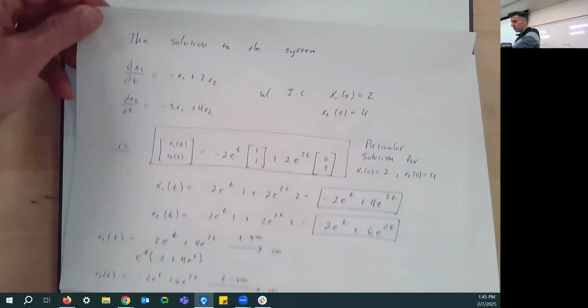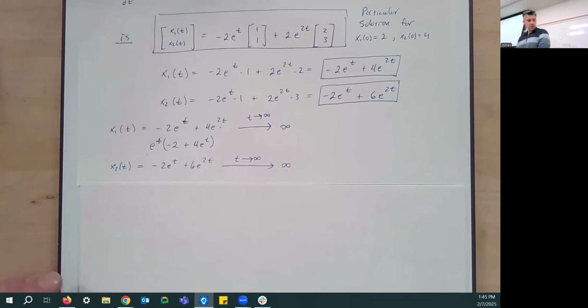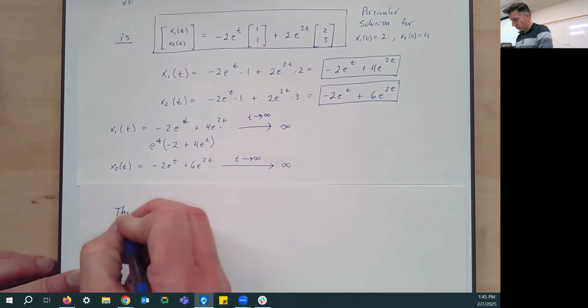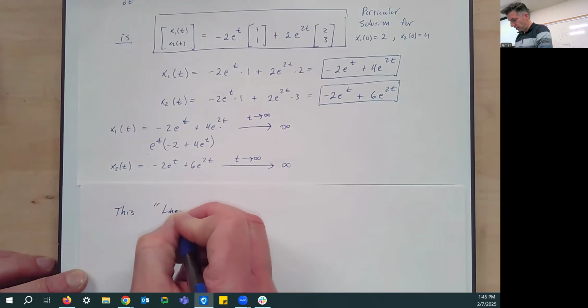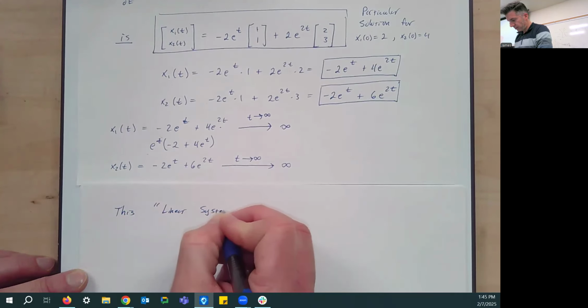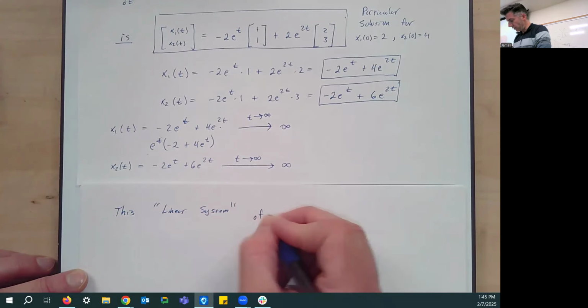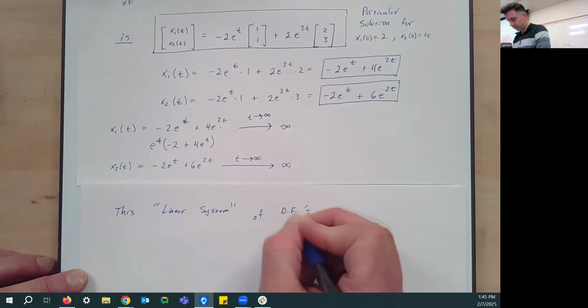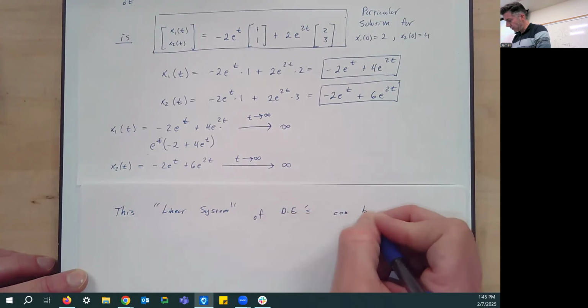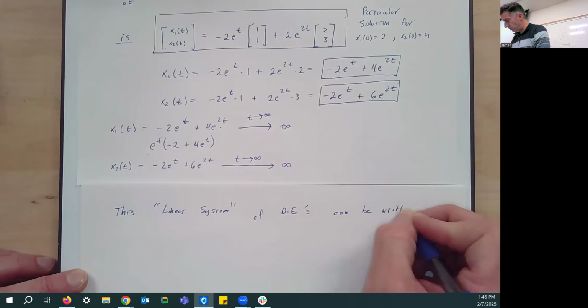So, writing the system again, this so-called linear system of differential equations can be written in matrix form. We already did that, but I'm going to do it again.